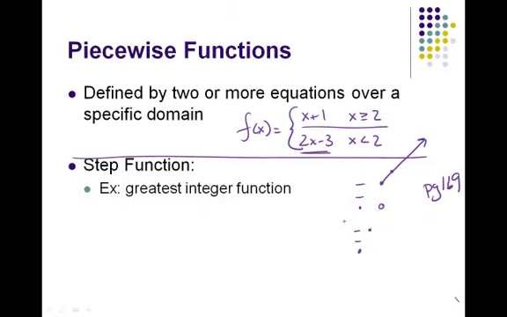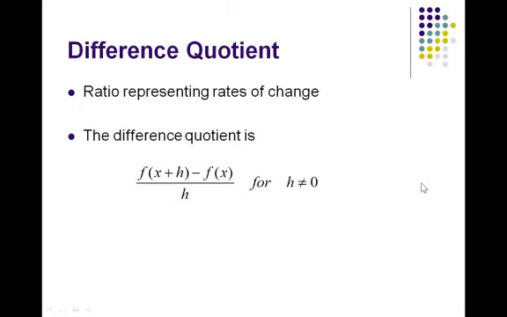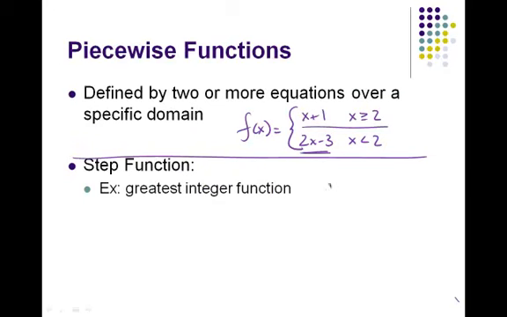And for this one, I'm going to ask that you look on page 171. Sorry, page 171. The step function is a specific kind of piecewise function where we have steps or stairs. And the example in the book is the greatest integer function.